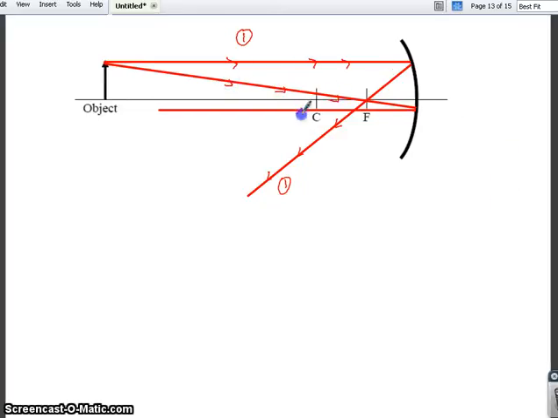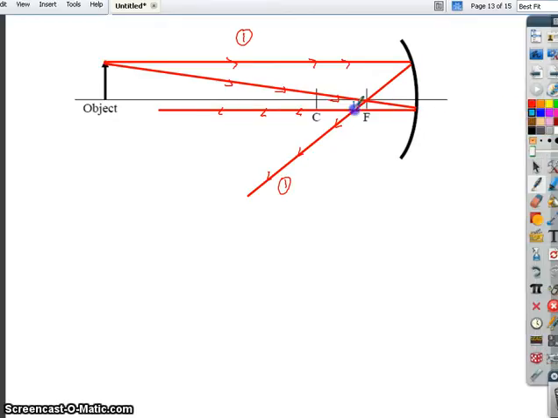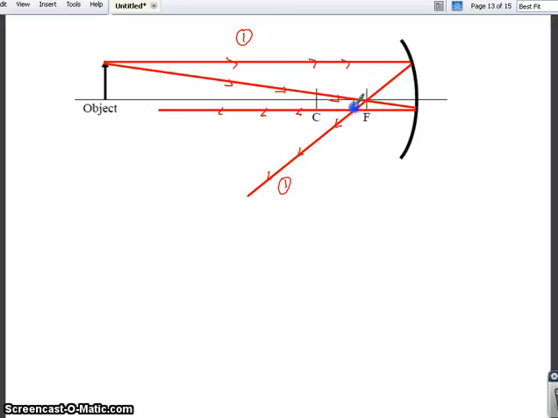I should have made that a different color, I'm sorry. So this ray is coming down this way through the focus back to the principal axis. Now, already we can see that these two light rays converge right here. So I'm drawing a down arrow to show that this object is now going to be below the principal axis, upside down, and it's going to be smaller.